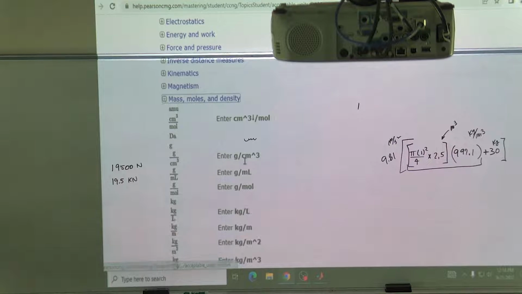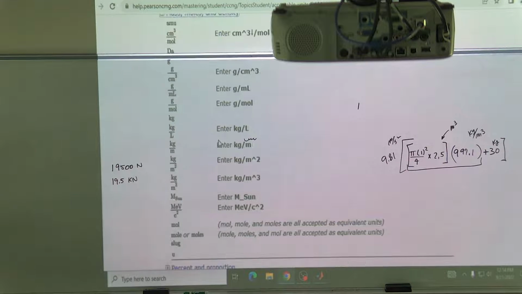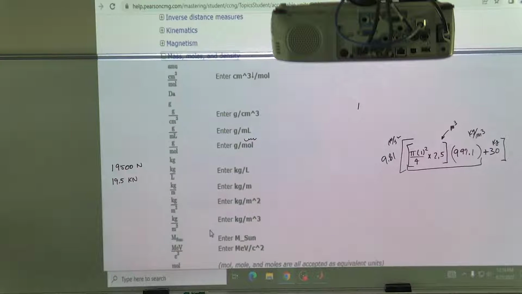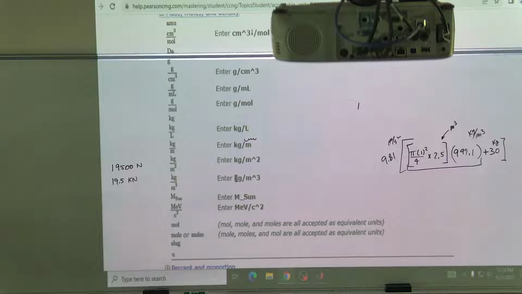But, I mean, here, kilograms, I don't know. Oh, wait a minute. So he doesn't have an entry outside of this and this.